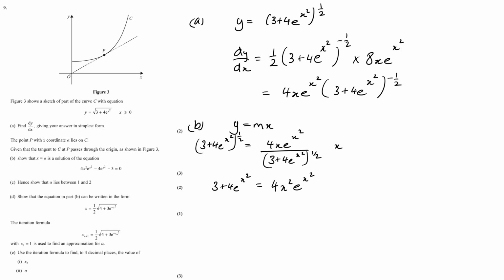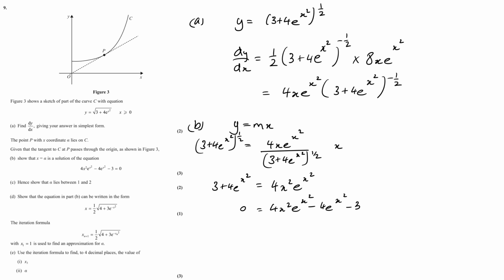We're pretty much there, aren't we? 4x squared e to the x squared minus 4e to the x squared minus 3 equals 0. And that is it. But it's realizing this is the equation of the line, and the y value at this point is the same as this y value.